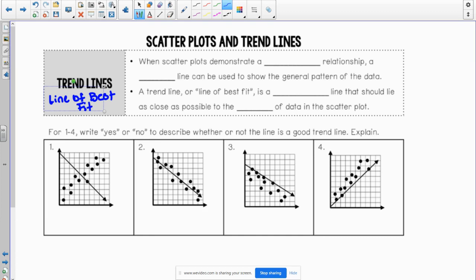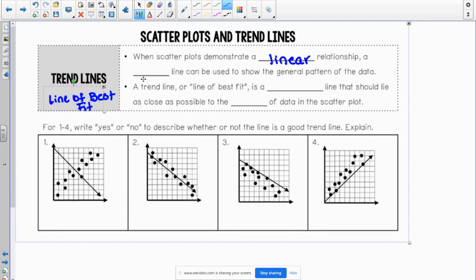So when a scatter plot demonstrates a linear relationship, and that's what we just looked at in the last learning target. If you can look at a scatter plot and say, hey, yeah, that has a linear relationship, the data points form a straight line or close to a straight line.